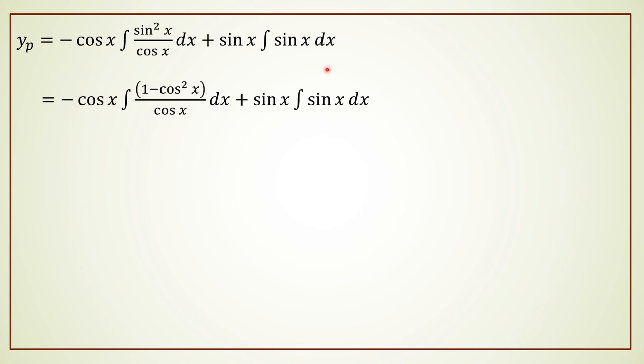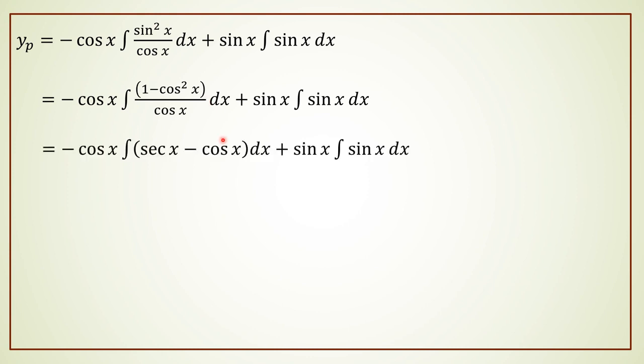Now let me solve the integrals. I am going to rewrite sin square x as 1 minus cos square x, and observe that 1 by cos x is secant x and cos square x by cos x is cos x. Okay, so the equation reduces to the form minus cos x into integration of (secant x minus cos x) dx plus sin x into integration of sin x dx.